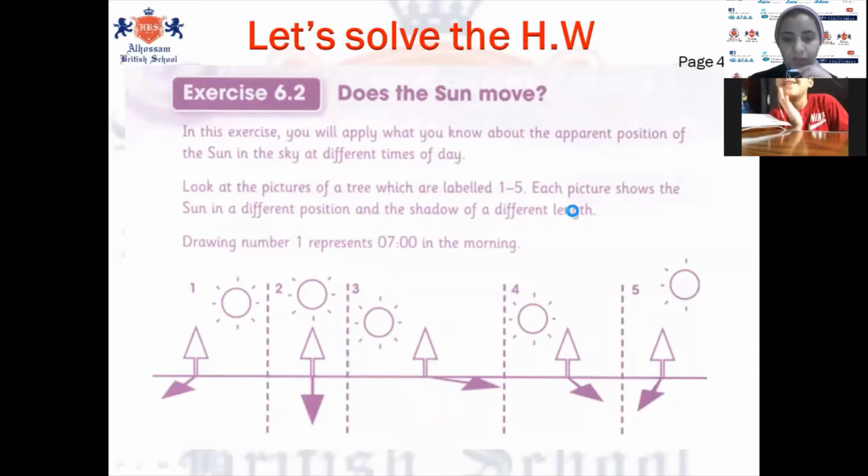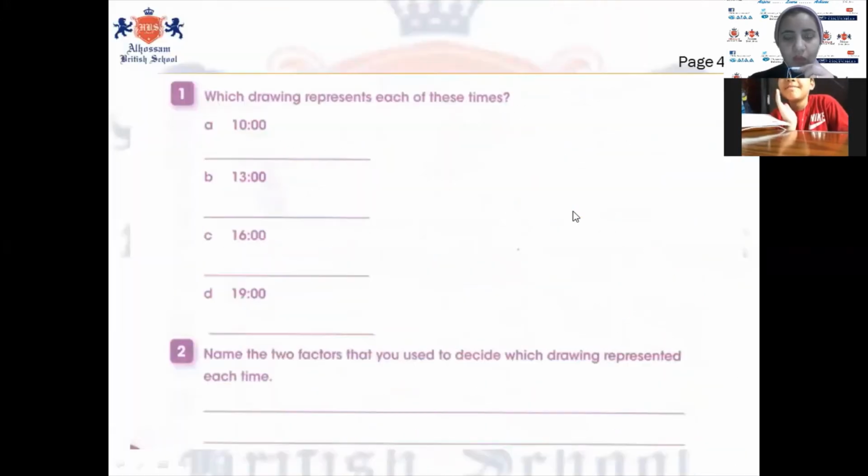13, that means what? 1 p.m. Yes. Look at all the numbers. At 1, 16, it means 4. Midday. 19. How to calculate it? 19 minus 12.